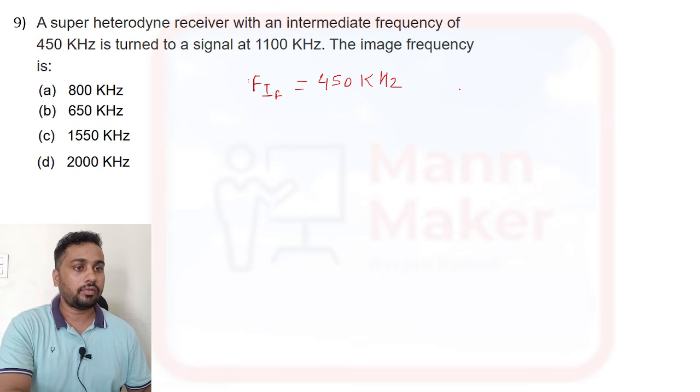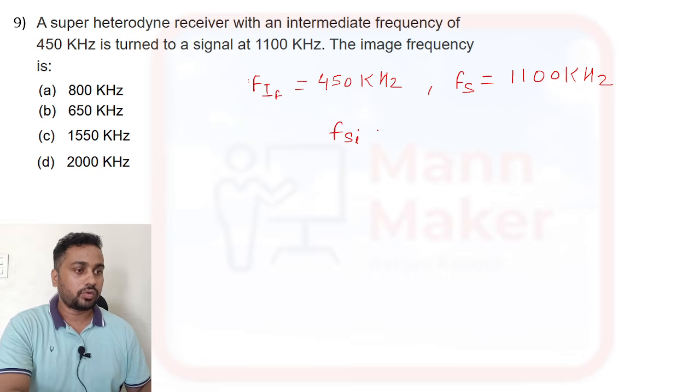All right, and we have the tuned frequency. Tuned frequency we will write as Fs, so it will be 1100 kilohertz. All right, these things are given. We need to find the image frequency, Fsi.